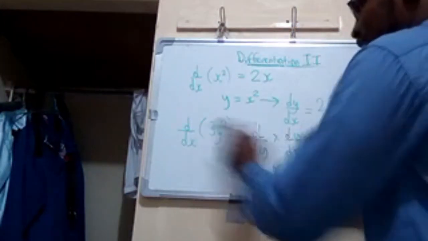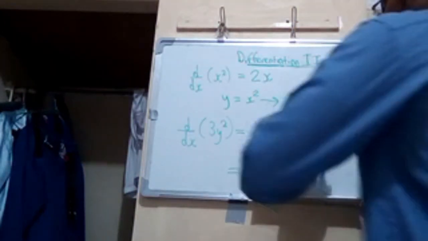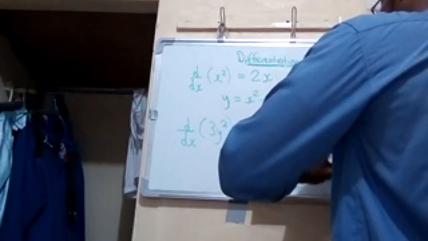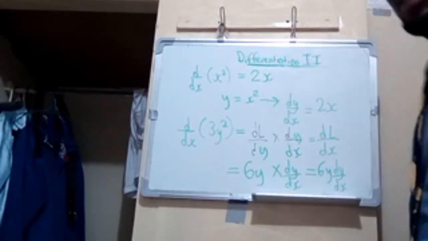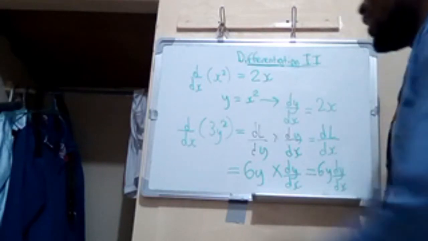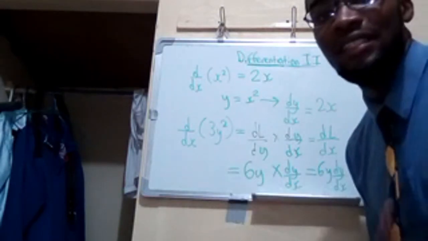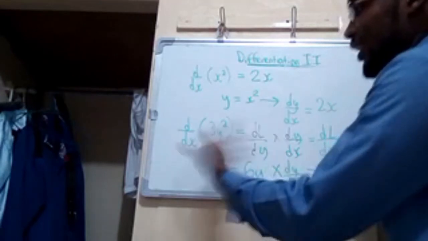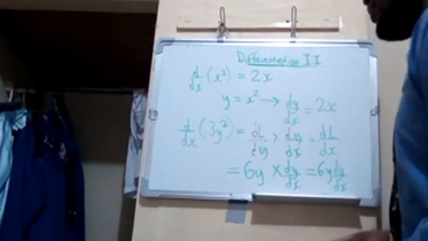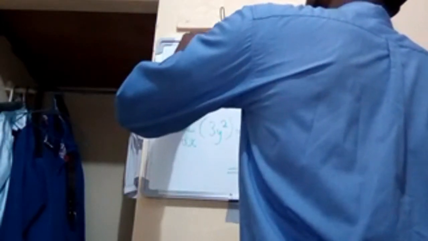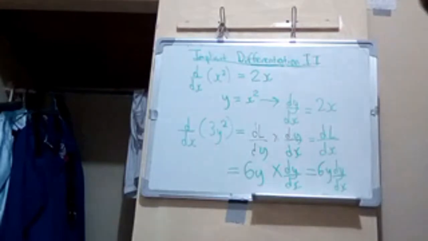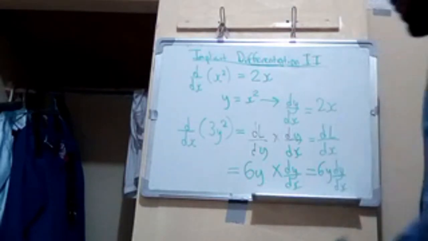And so when we differentiate 3y squared, we're just getting 6y dy by dx. This is known as implicit differentiation. That's all that is.